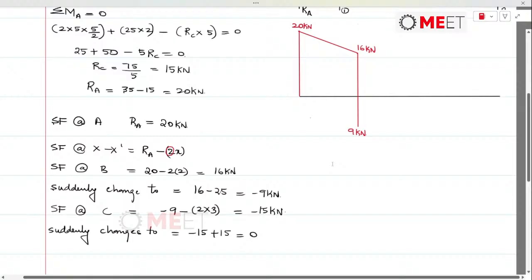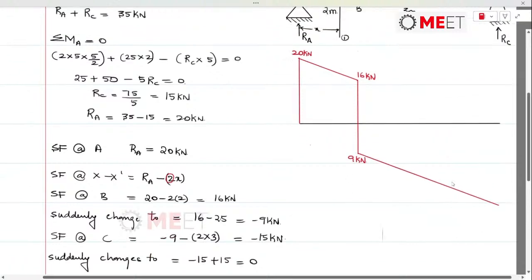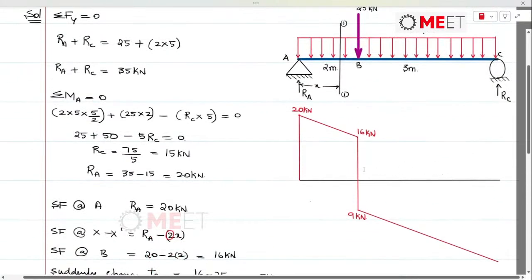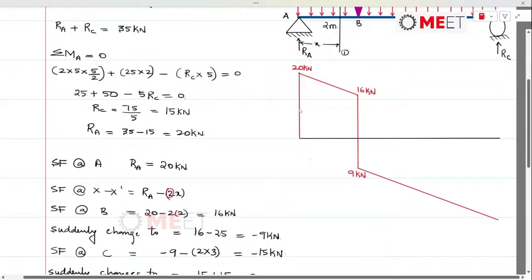So the slope of the line will remain the same. That continues up till point C, and at point C, there is a sudden change to 0. From minus 15, it is becoming 0.